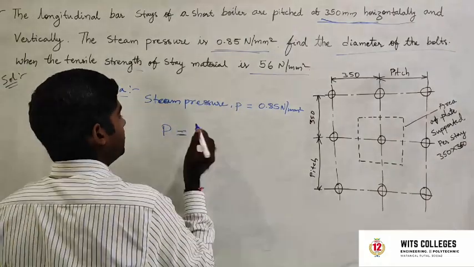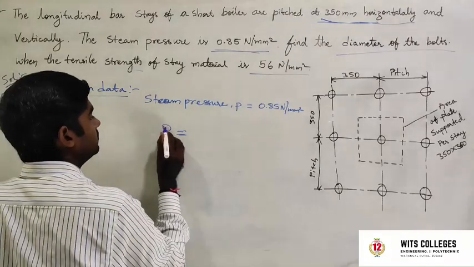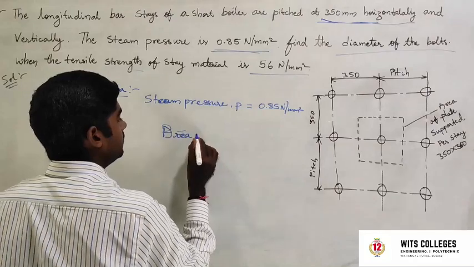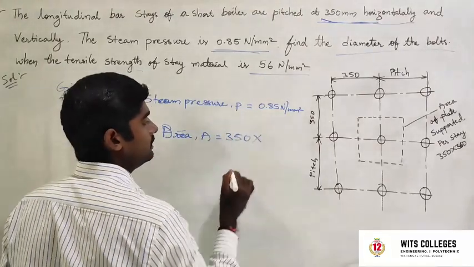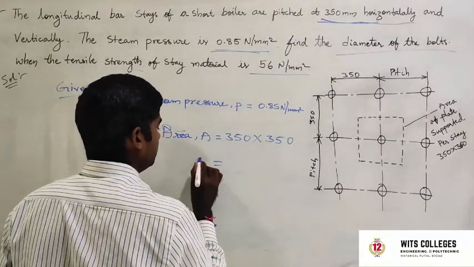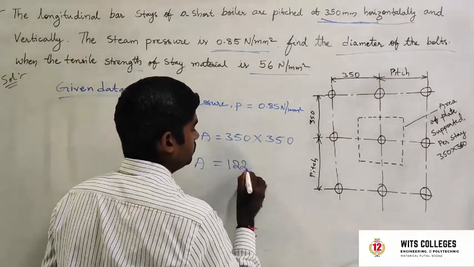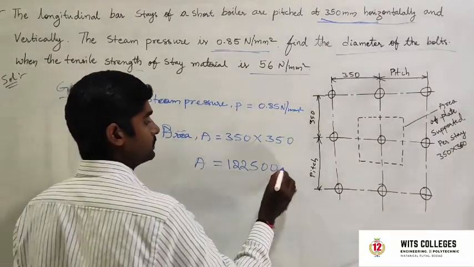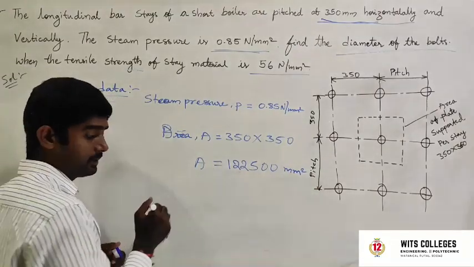Then the area supported by the stay bolt, area A, is equal to 350 horizontally and vertically also 350. This area A is equal to 122,500 mm square.